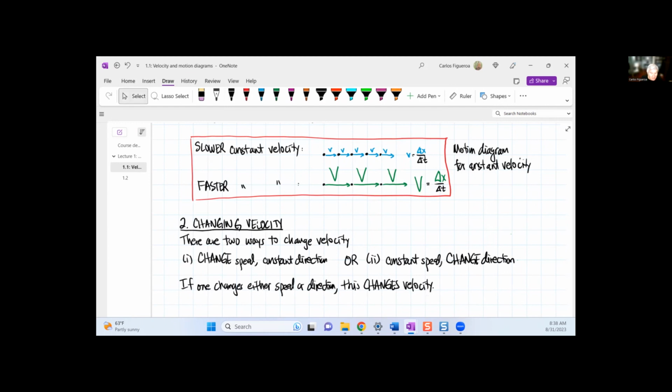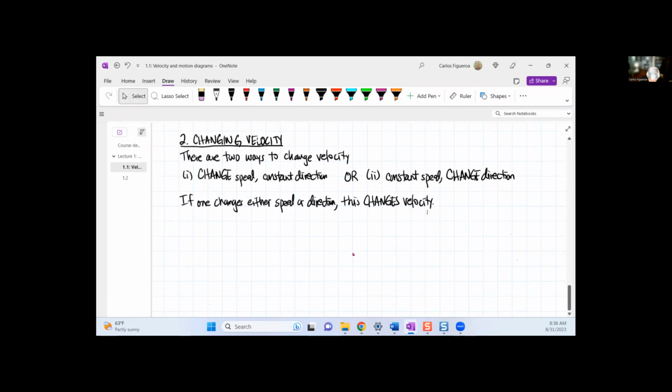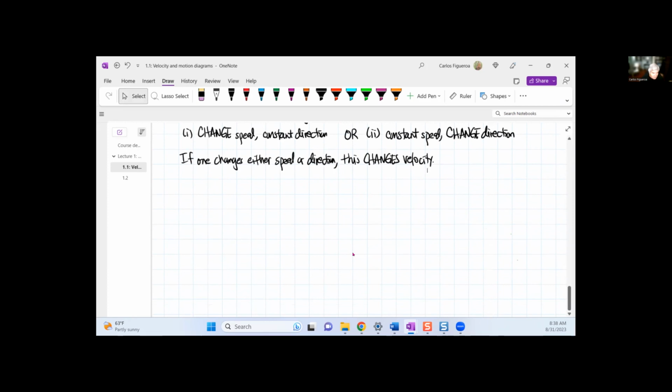So here we go. Let's look at these two situations here. The first thing that I want to do is focus on speeding up. Okay. So we know that in this situation, let me be careful here. Now we're going to talk about change. We're going to change speed with a constant direction.